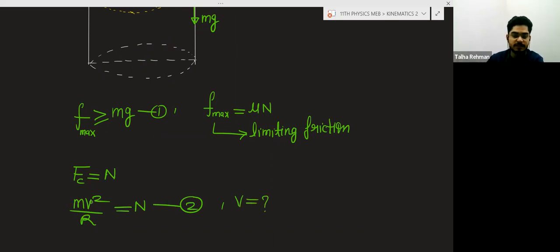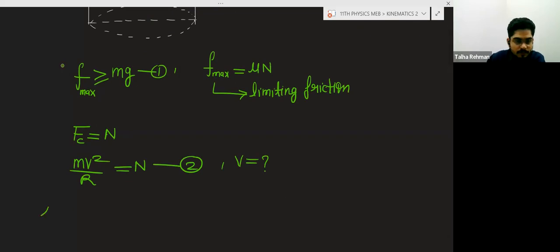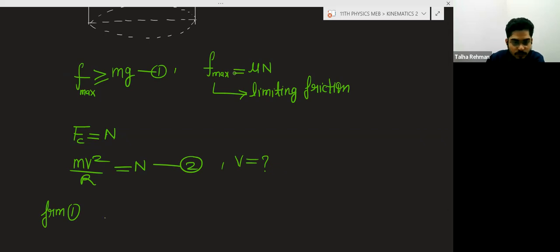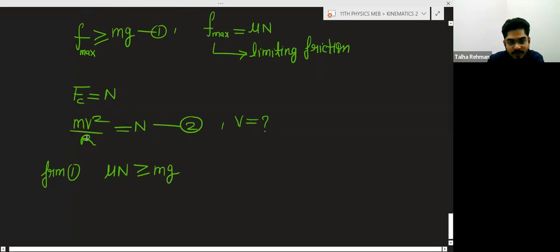Now, equation 1 and equation 2 we have. From equation 1, maximum friction force is greater than or equal to mg. What is the value of the maximum friction force? Mu into N, greater than or equal to mg. Now put the value of the normal reaction. Normal reaction is mv square by r.